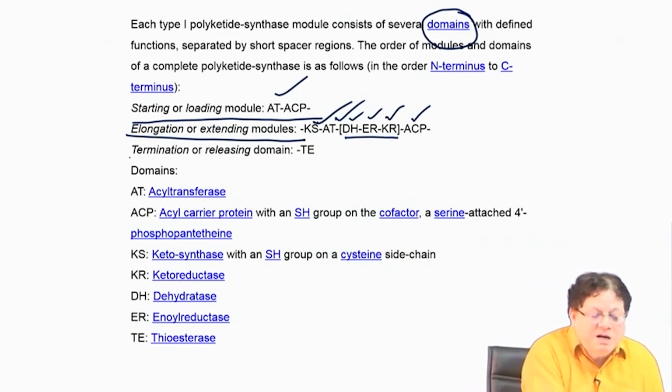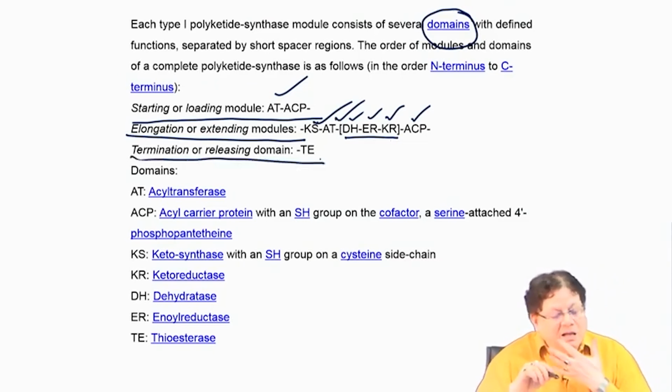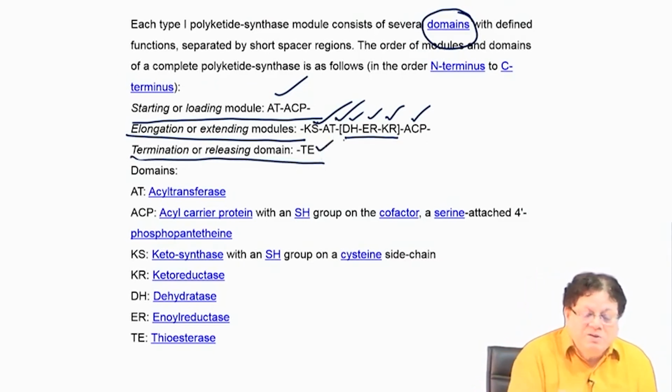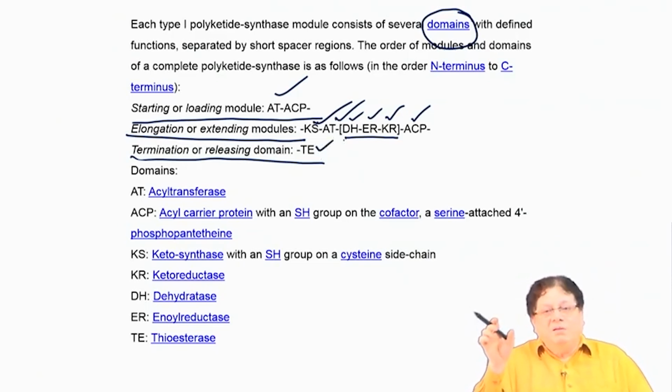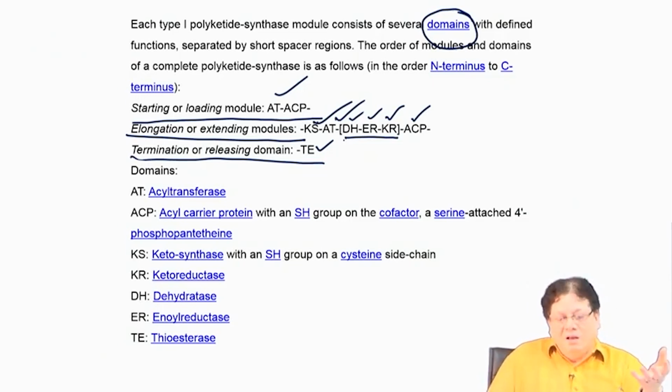There is a termination domain, because you have to terminate the process, and that is called a thioesterase, because at the end of it the product is a sulfur in the form of a thioester, which is linked to an ACP, and then you have to release it from the ACP, acyl carrier protein, either by hydrolysis, so it ends up as a carboxylic acid, or by cyclization, where there could be an intramolecular acylation, trans-acylation, which can result in the formation of a cyclic system.